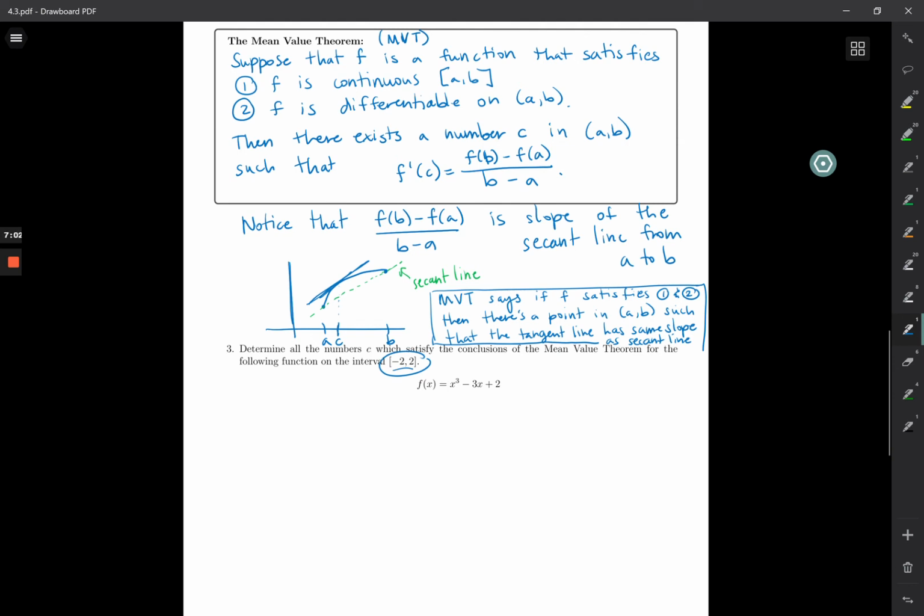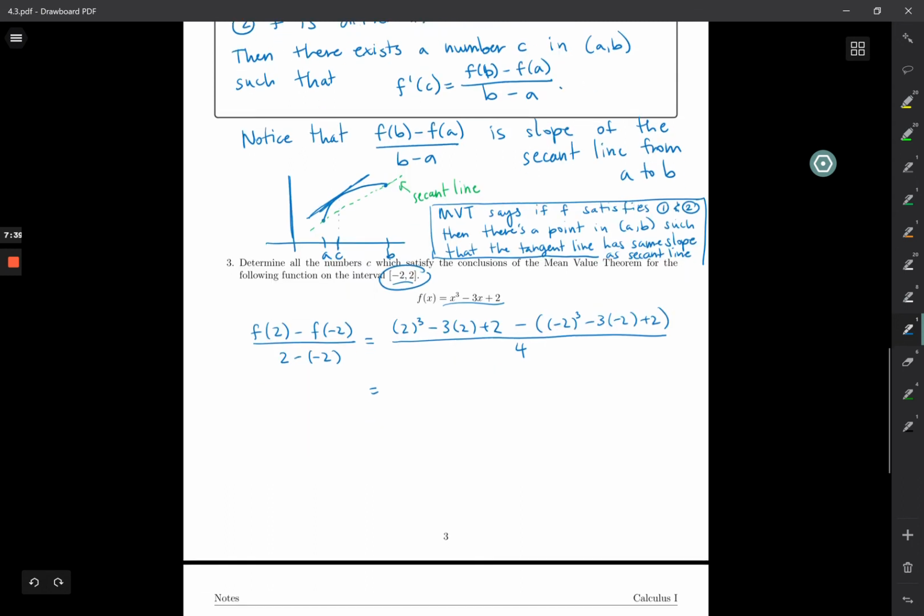So let's start with computing the slope. So that would be my b is 2 and my a is -2. So I would get this, and then I just use the formula that I'm given for f to compute this. So plugging in 2, I get this, minus plugging in -2, and then this simplifies to 4 in the denominator, right?